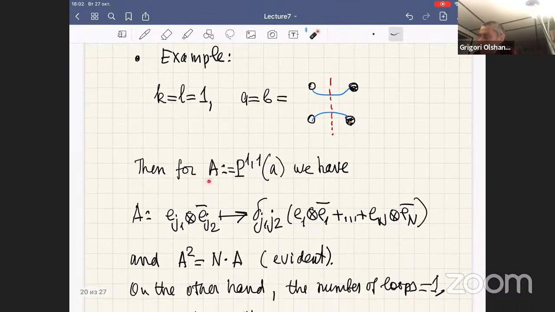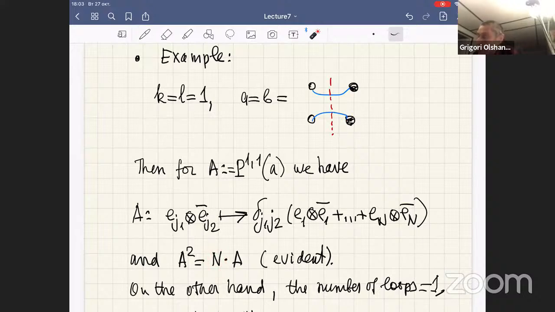And the operator corresponding to this picture is this one, I recall, this factor and this standard vector. And it's trivial to see that we have this relation, which just explains the origin of this factor.